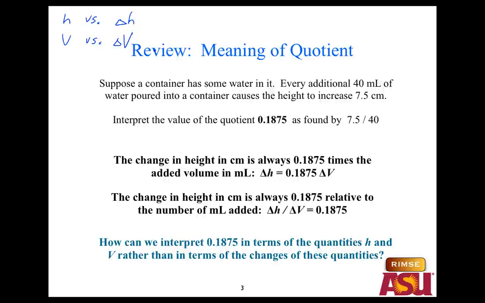Well, you could add H and V into the equation instead of having delta H and delta V, because it would be like H, the final height, plus an additional height. Okay. So you could just expand delta H and delta V to actually have those variables in it. But otherwise, that number only works for the change, and it doesn't really have a relevance to H and V by themselves.